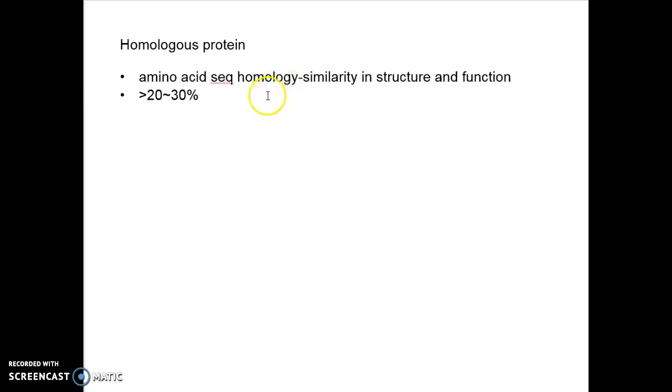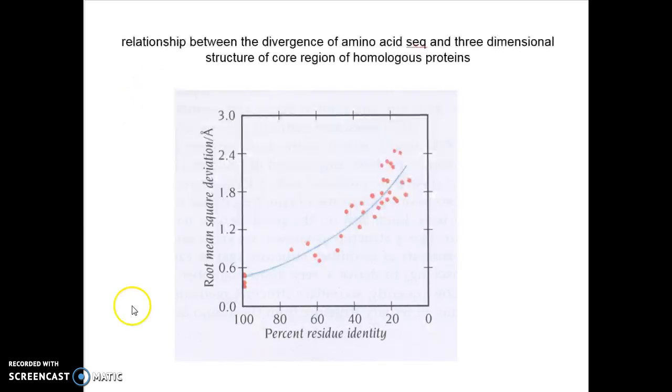How can we figure out whether two proteins are homologous or not? The simplest way is to compare the residue sequences. When two proteins share more than 20% identity, they could be considered homologous proteins. You can see the relationship between divergence of amino acid sequence and three-dimensional structure of the core region of homologous proteins.